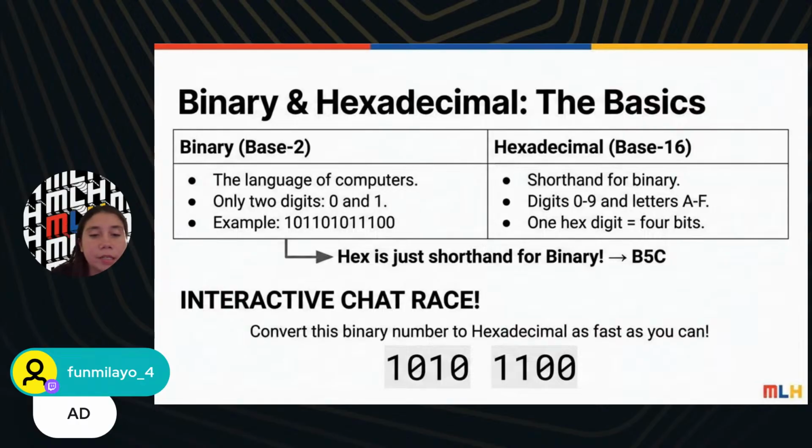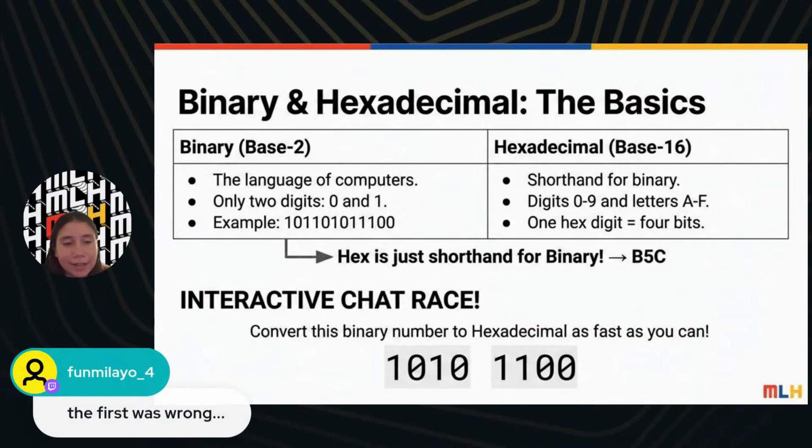And 1 byte is equal to 8 bits. So basically, to convert, you can take chunks of 4. You divide from the least significant bit to the most significant bit in order to convert. No worries, you're all good.